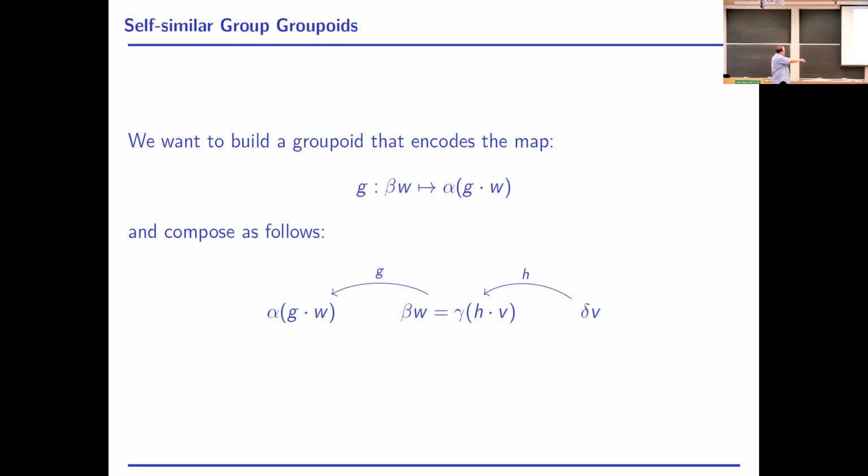And we'd like it to compose. So if you have something δV, a finite word and an infinite word, the action of h takes it to some other finite word as a prefix, and then h·V. We'd like something to compose if the two infinite words match up, and then g takes it to α g·W.